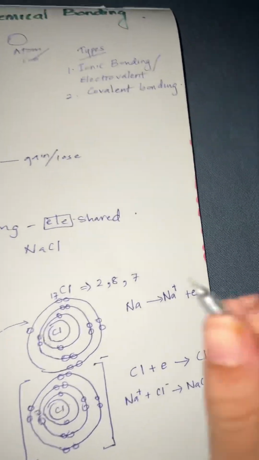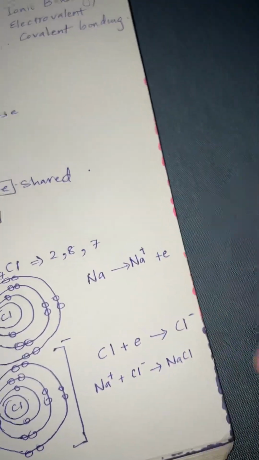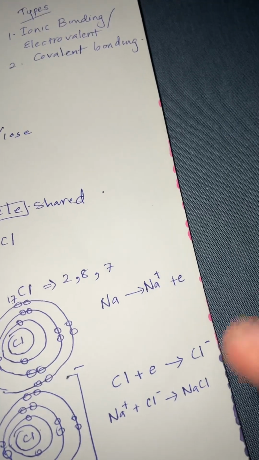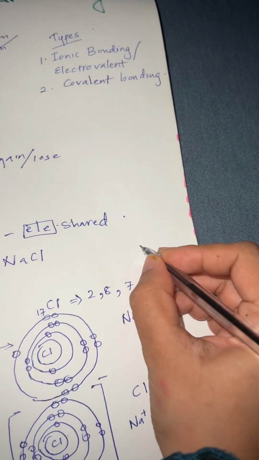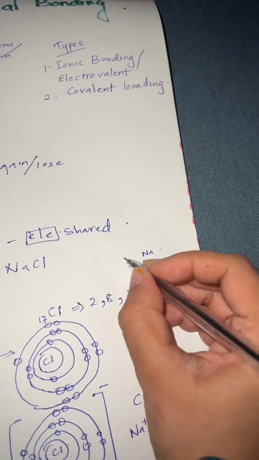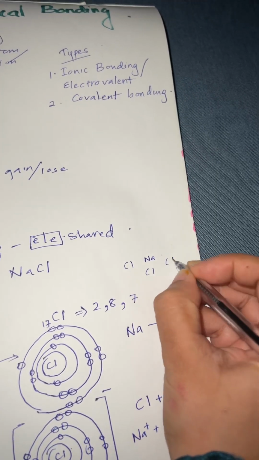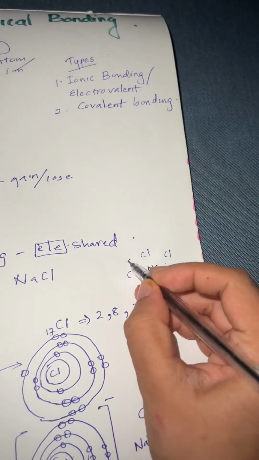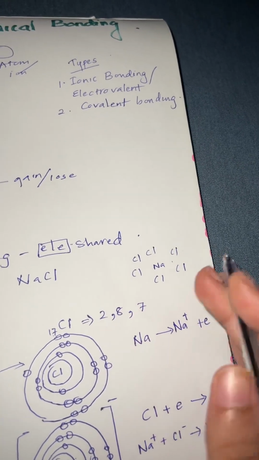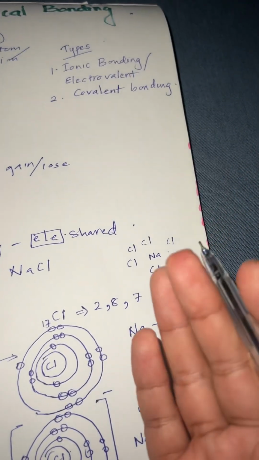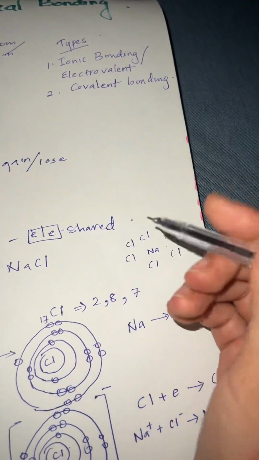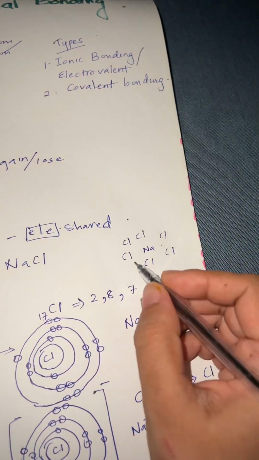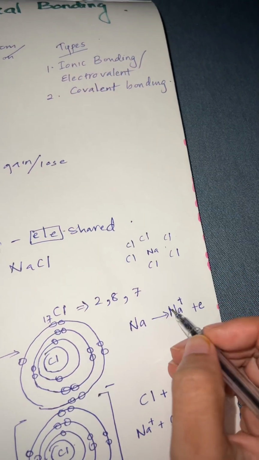And okay, now the structure of sodium chloride, have you heard of it? In this NaCl, one sodium is surrounded by 6 chlorine. You can think of that in 3D, and one chlorine is surrounded by 6 sodium atoms.